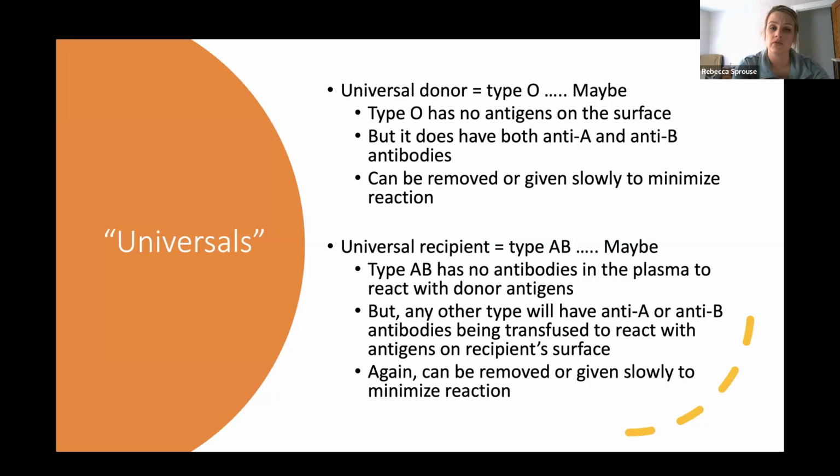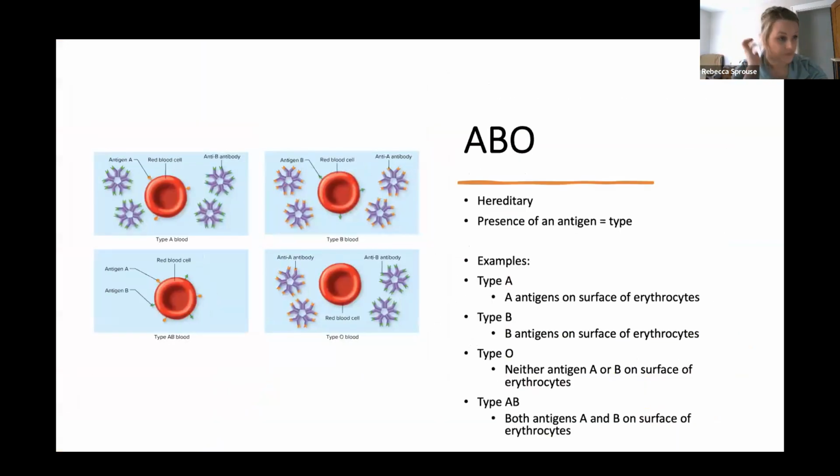Now, what about universal recipient? So somebody can receive any type of blood, right? That's a good thing, if you don't have to worry about shortages, right? Well, kind of. Okay, so type AB, remember, doesn't have any antibodies in its plasma, which means whatever cell you put in there, it's not going to react because there are no antibodies to react to it.